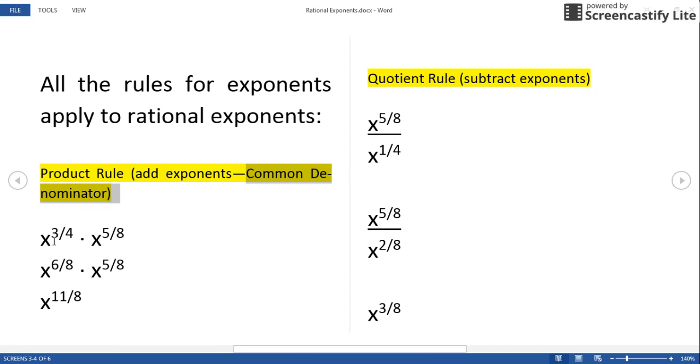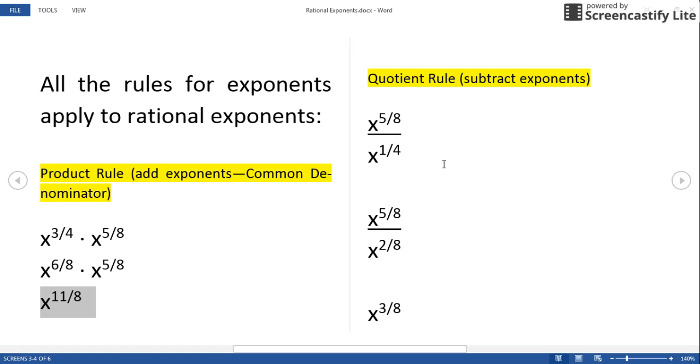So if we were multiplying x to the 3/4 times x to the 5/8, we would first need to get a common denominator, which for this problem would be 8. Let's change 3/4 into 6/8. And now, since we've got the same denominator, we'll keep the base, add the exponents together. 6/8 and 5/8 together made 11/8. So x to the 11/8 is our product.